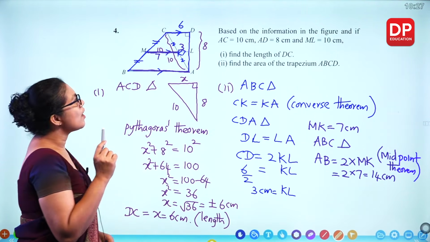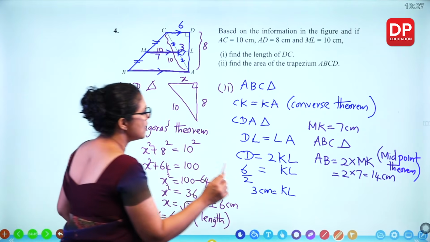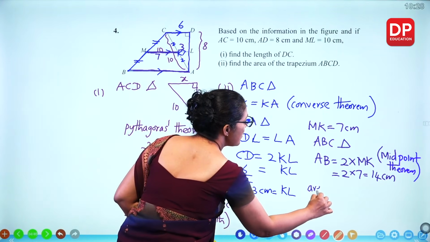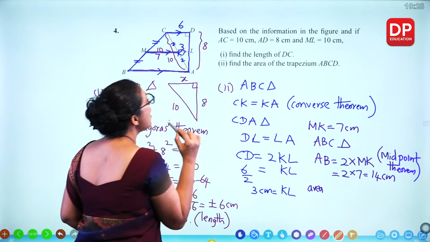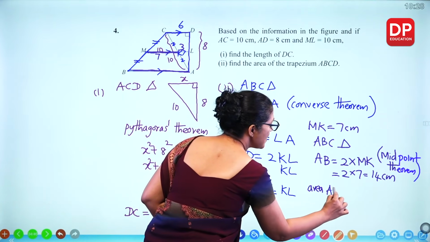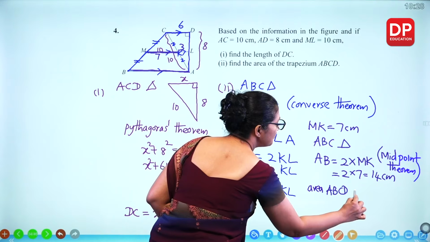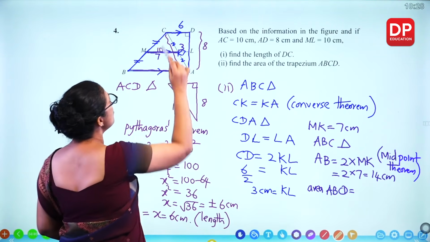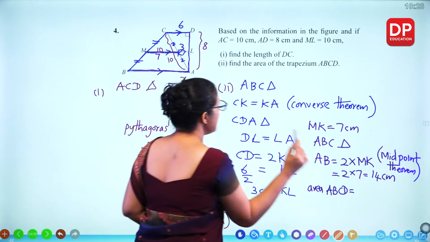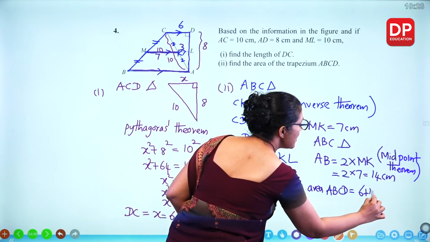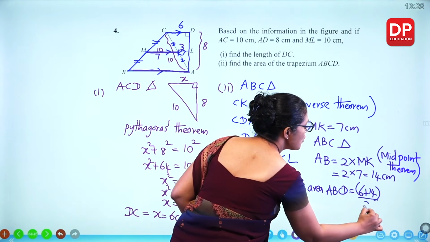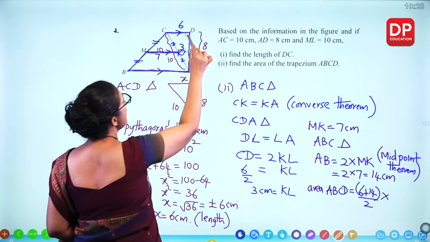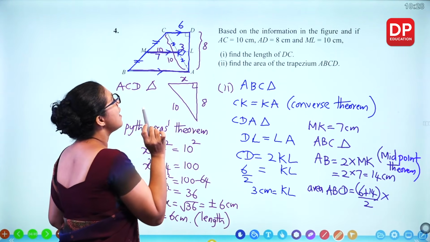Now we can find out the area of the trapezium. Area of trapezium ABCD. Add the two lengths, parallel lengths, that means 6 plus 14, divide by 2 and multiply by the perpendicular height.